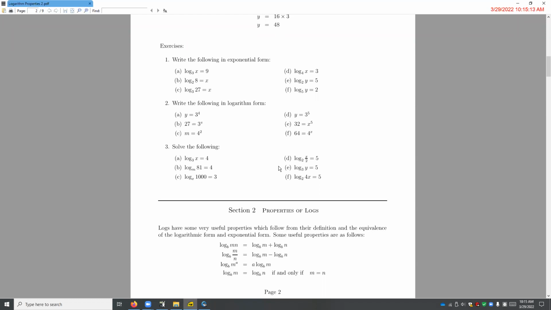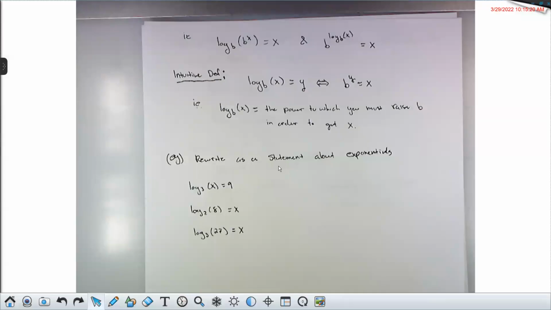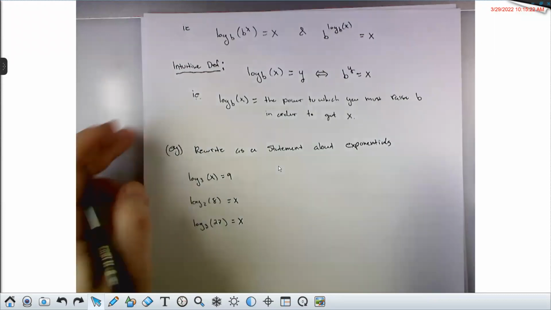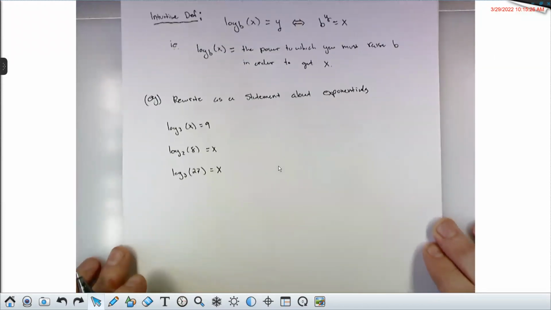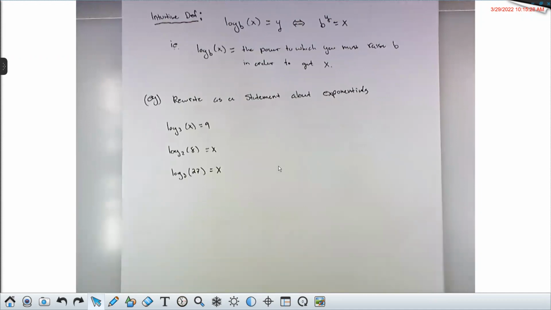So the intuitive definition here will be more than sufficient. Thinking about this statement up here, how would I rewrite this? Not in this form, but in this form.